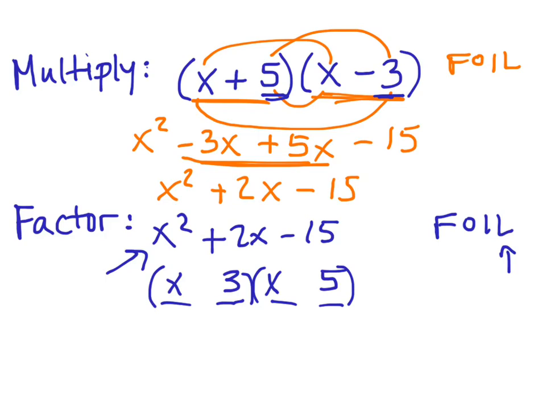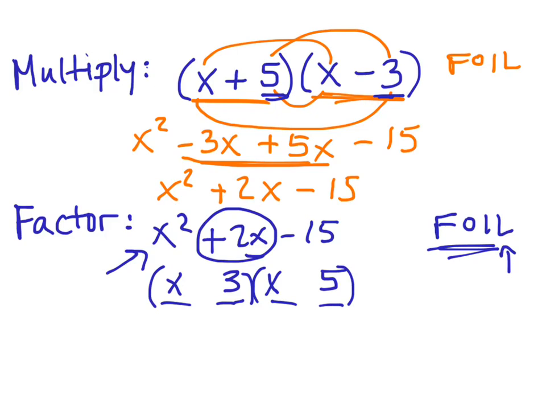Now this does fill in the outers and the inners, but what I need to check to see if this is correct is, when I go through that process of distributing or using that FOIL acronym, do the outer and inner terms add up to be this positive 2x? Because if not, then I have the wrong combination here.